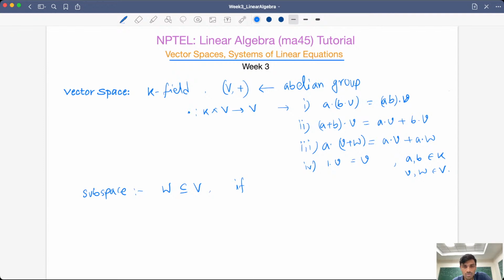Combining both, A dot V plus B dot W belongs to W for all A, B belonging to K and V, W belonging to W. Then W with the induced plus and dot of V is a subspace.